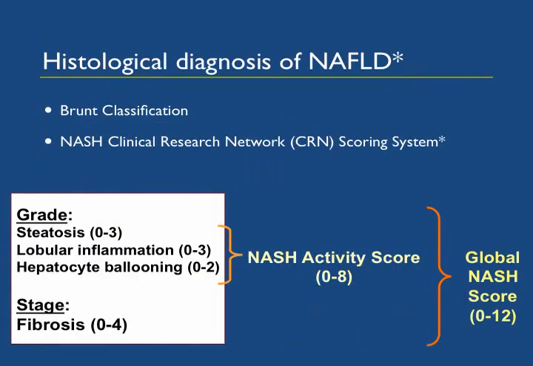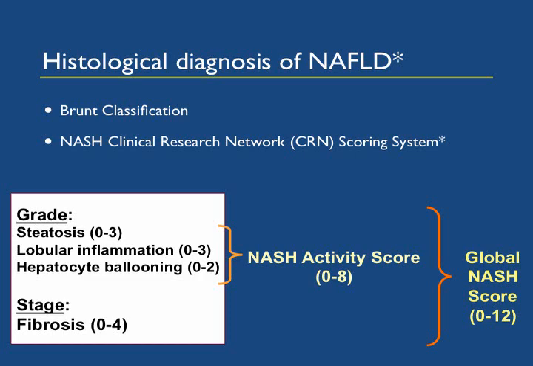Currently, the most widely used NAFLD scoring system is what is known as the NASH Clinical Research Network scoring system. This separates the histology broadly into the grade, which includes the severity of steatosis, severity of lobular inflammation, and severity of hepatocyte ballooning. Together, they form what's known as the NASH activity score.